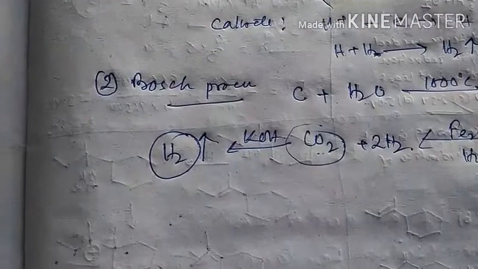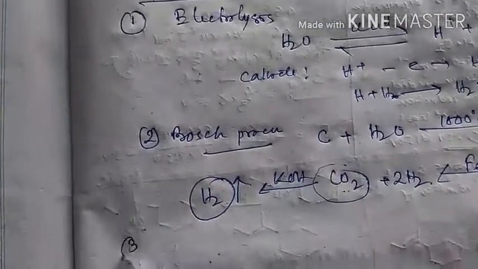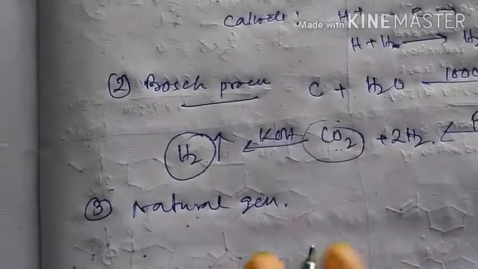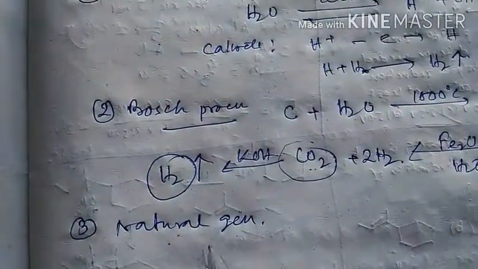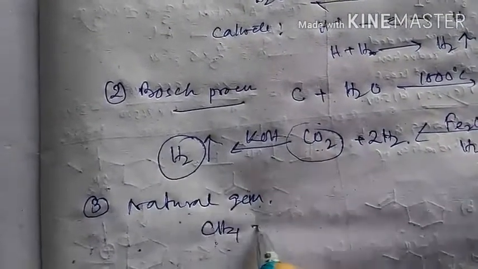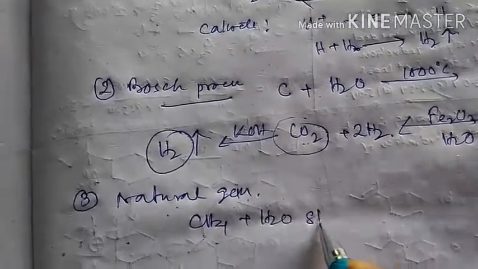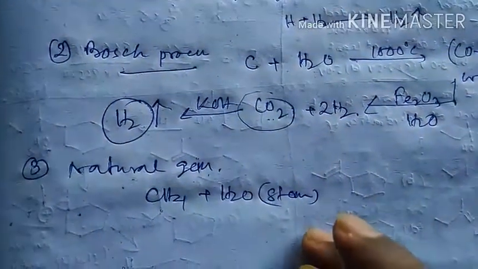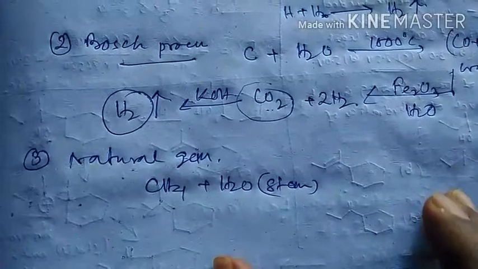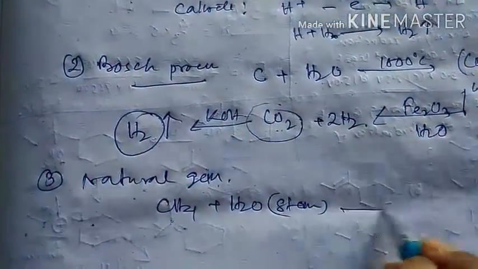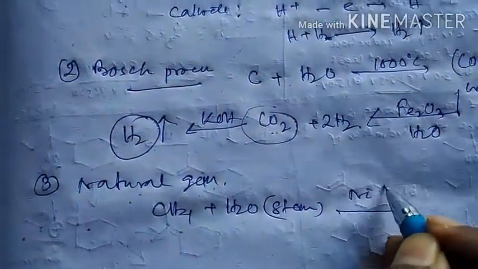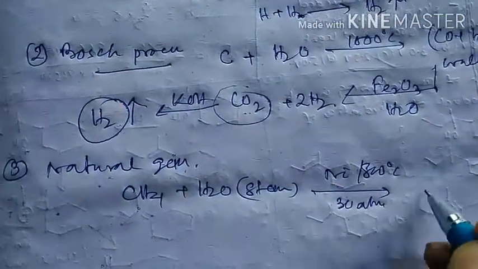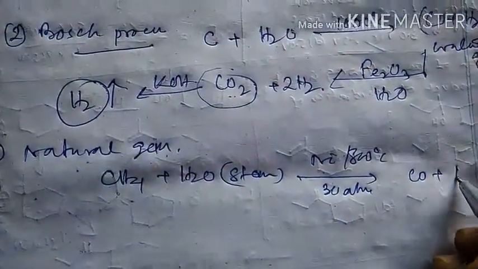Now from natural gas also we can get hydrogen gas. How, students? Methane is mixed with steam and compressed to around 30 atmospheric pressure, and in presence of nickel at 800 degrees centigrade temperature, it produces CO and hydrogen gas.